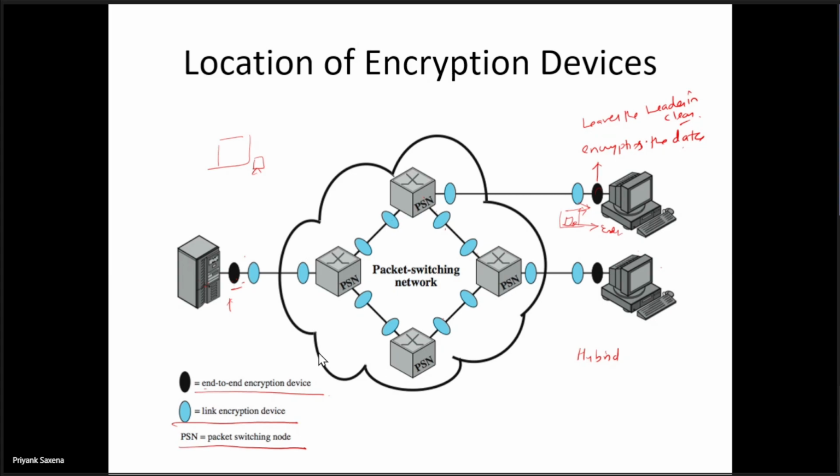So this question is very important when we talk about network security, right? So if you just see here, these end users are connected through an X.25 packet switching network. Okay, so these are the packet switching nodes, right?